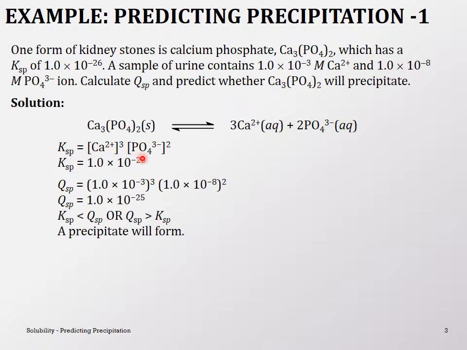In here, we do not use the 2 and the 3 inside the brackets, like we did for molar concentrations, because the concentration of ions is already given to us. We already know what the total concentration is, so you don't need to use the 2 and 3 for the X, or the S, whatever it is. And so therefore, you just use the concentration as it is and plug it into the QSP formula.